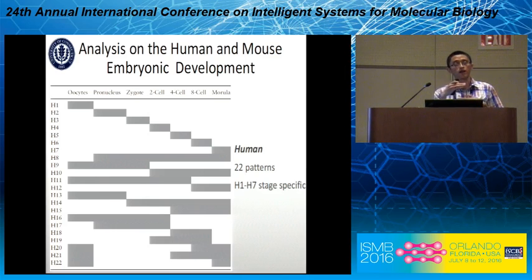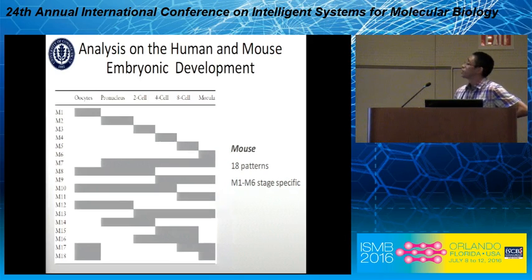All these patterns are biologically meaningful, either identified or hypothesized by existing studies. For example, the first 7 patterns are stage specific. That means these patterns only have high expression at a single stage. These are the patterns we used for mouse in our analysis. In total, we have 18 patterns, and the top 6 patterns are stage specific.